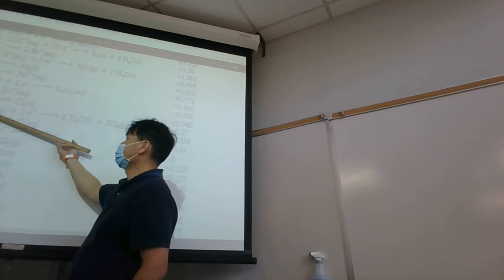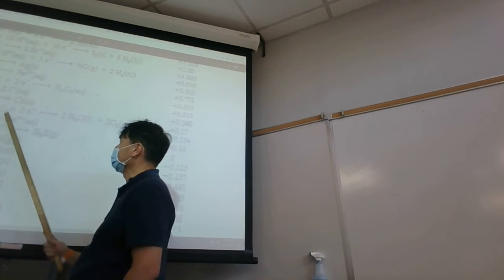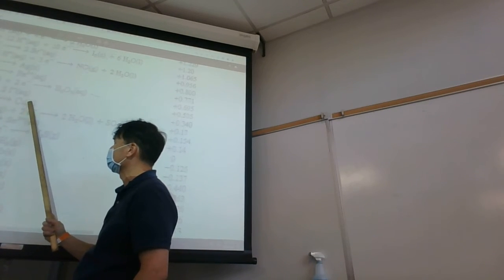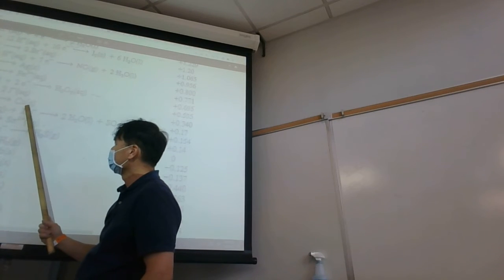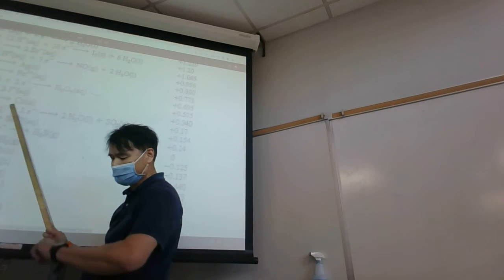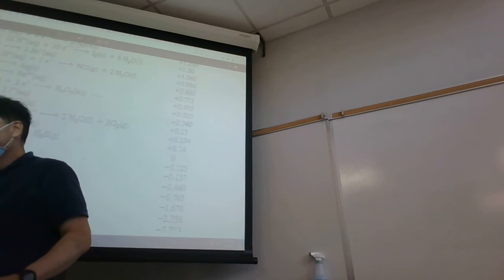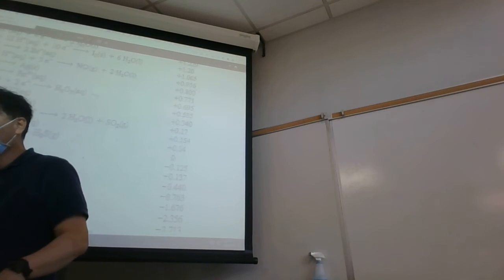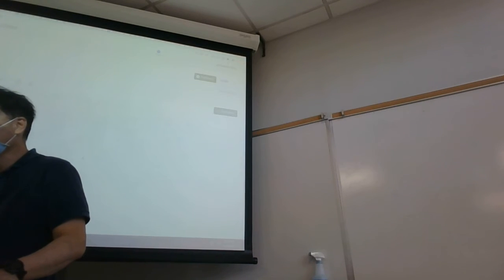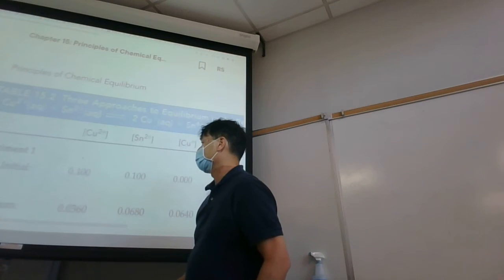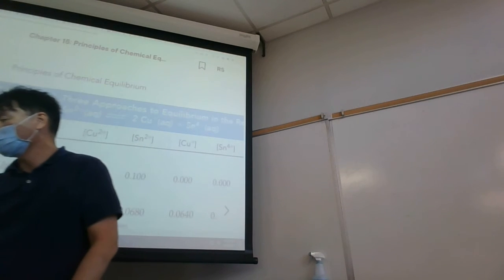Even though this is favorable, it's a downhill, it's not that steep downhill. And if it's not that steep downhill, that means we have the potential for the reverse reaction occurring. Even though it's favorable, the reverse reaction can occur. If the reverse reaction occurs, then we aren't going to go completely to product. And so this is what's observed.